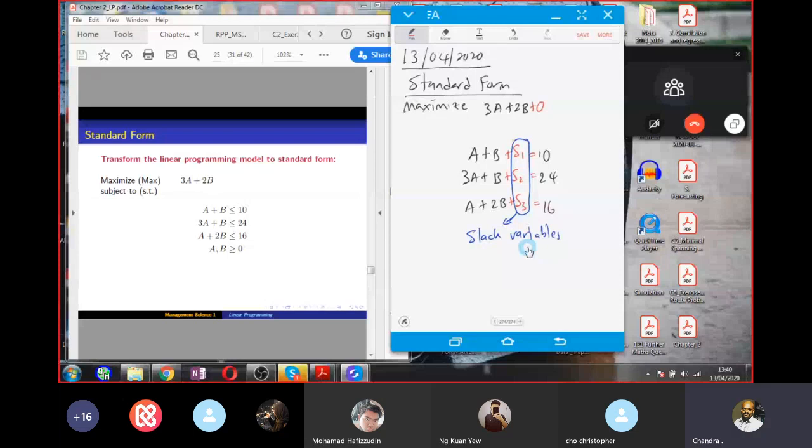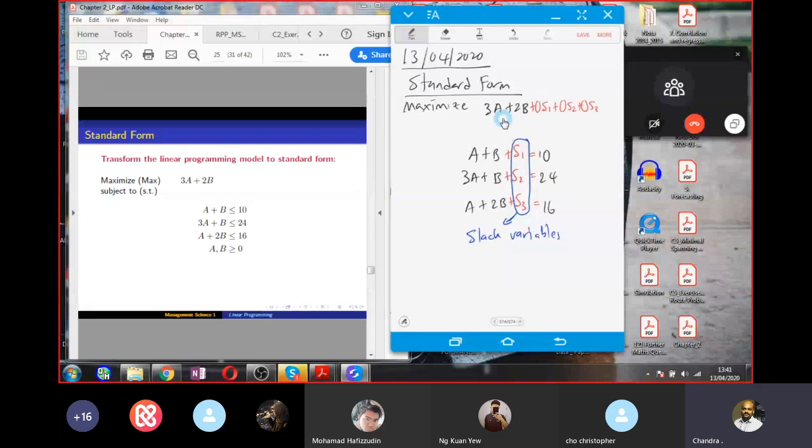Now we have extra variables. After writing S1, S2, S3 in the constraints, the next step is integrating these variables into the objective function. How do we integrate them? We write S1, S2, S3, but with coefficient 0. That's how you integrate them with the objective function.